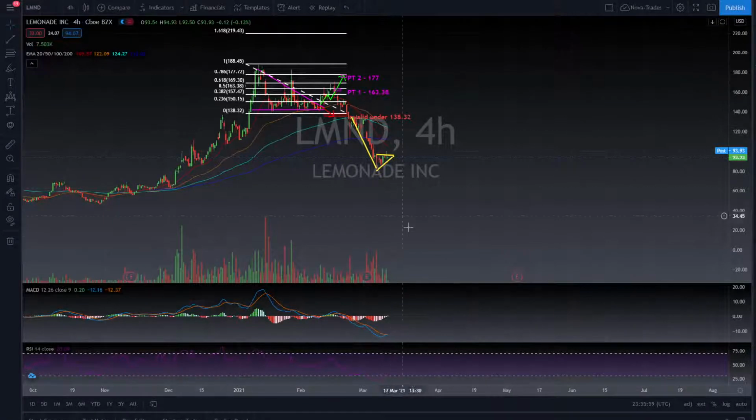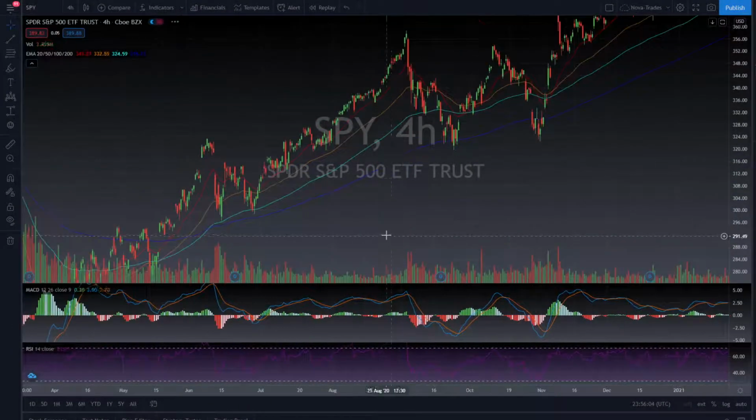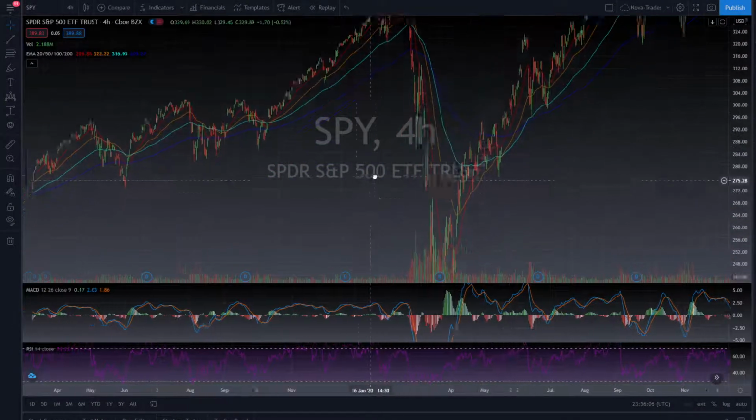QS, I can't think of one, potentially SPY. I know SPY had one before. Let's see if we can find one real quick.